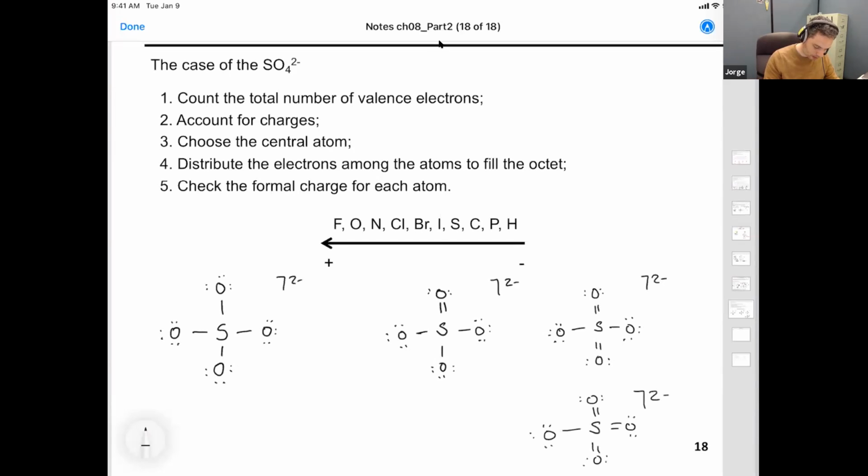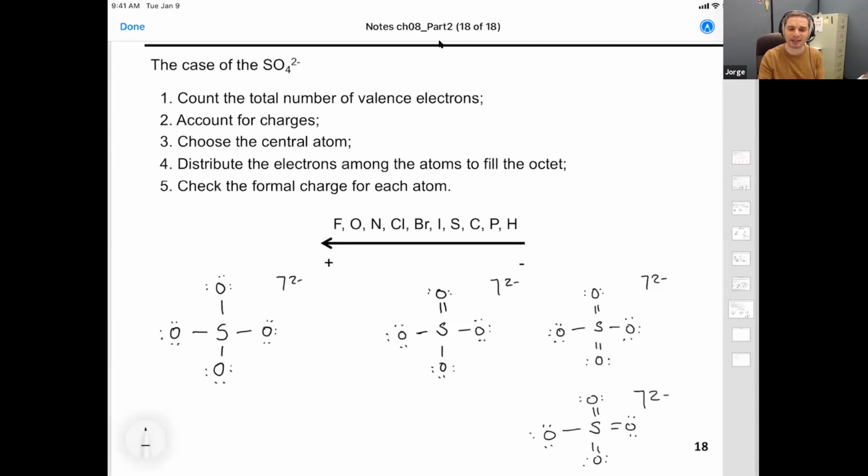Okay. So which structure is the most stable? The calculation of the formal charge will tell us which one is the most stable. The preference is that the formal charge for all the atoms would be zero. Double or triple charges are not stable at all.